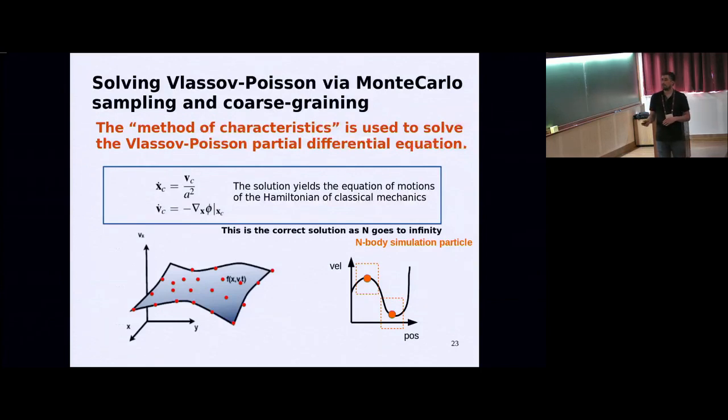Right? So now you can think that each of these points is what we call a dark matter particle in a numerical simulation. It's not really a microphysical dark matter particle, but in a simulation it's, if you want, a chunk of phase space that we assume is determined essentially by one point, and we are going to follow that. Right.